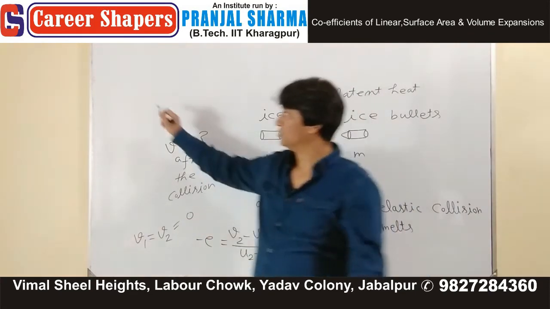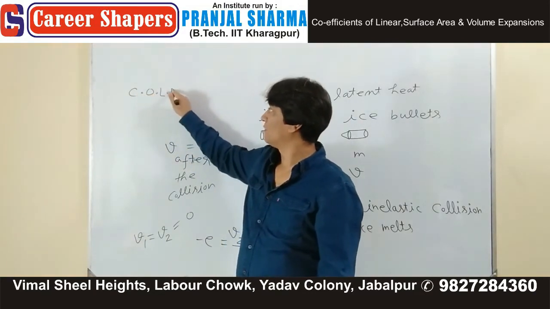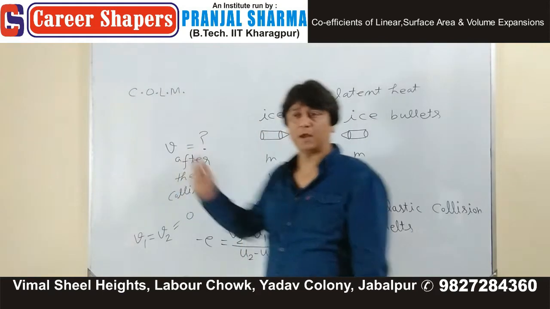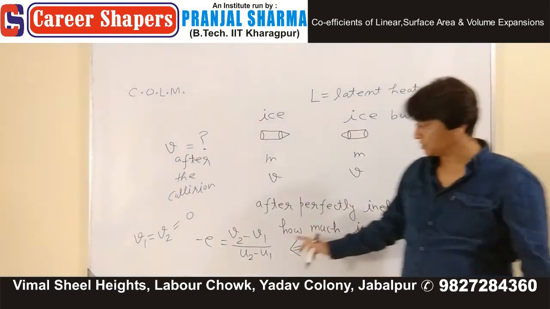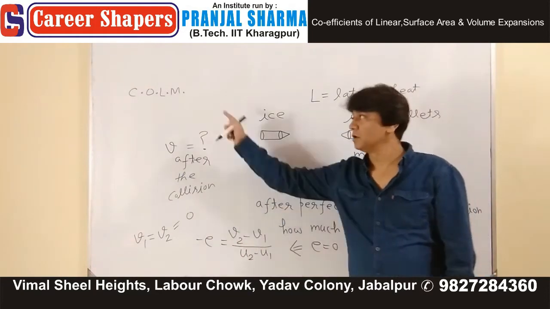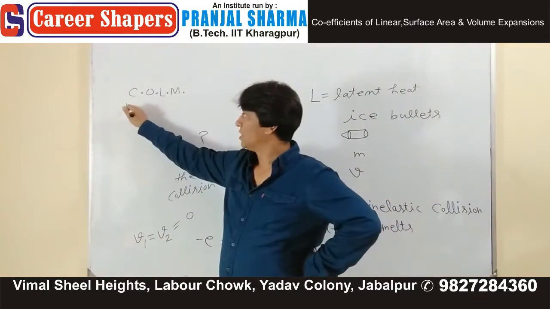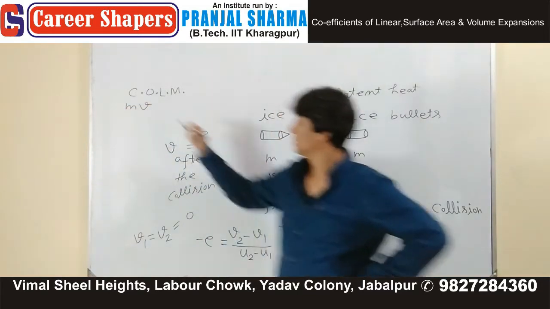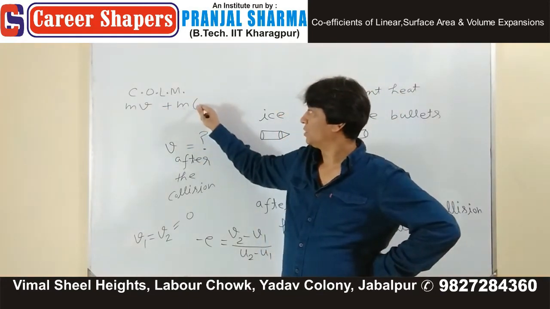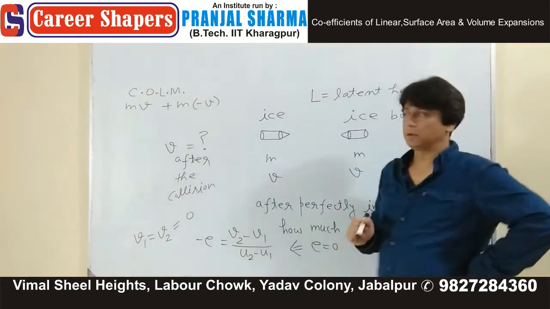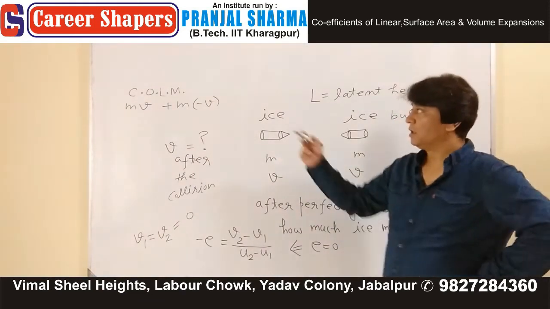Or you could have used the concept of COLM, conservation of linear momentum. When we talk about collisions, apart from Newton's equation, we also use COLM. What is COLM? m1 u1 plus m2 u2 equals m1 v1 plus m2 v2. Linear momentum is a vector quantity.